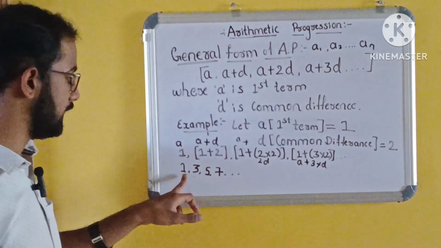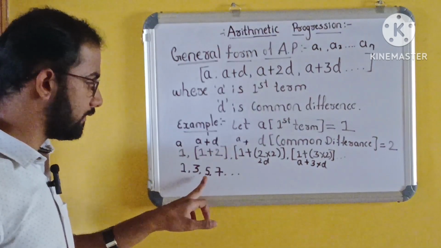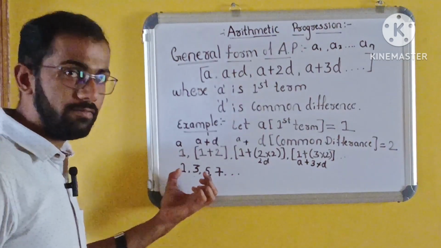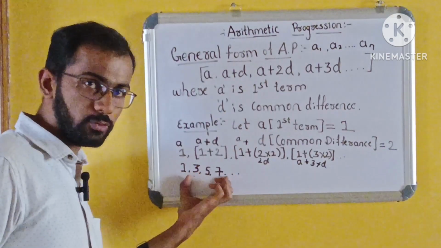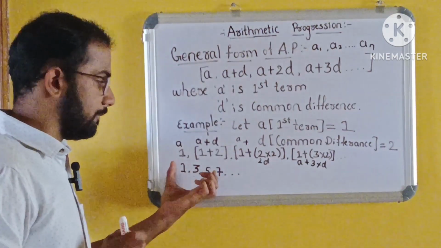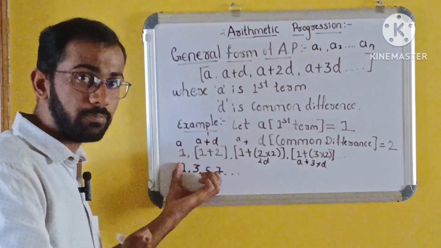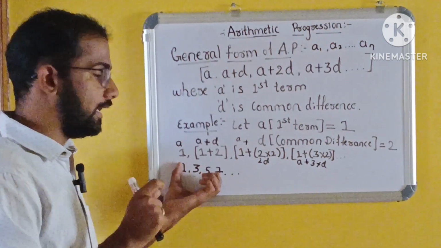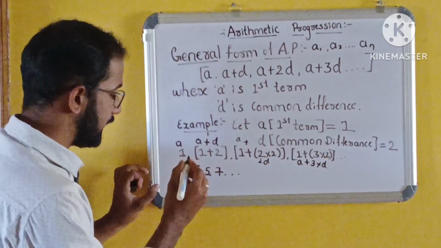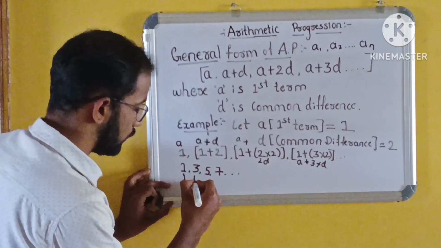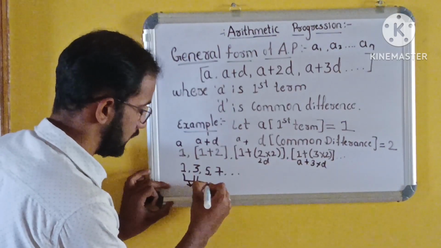Now let's see: 1, 3, 5, 7. We get one sequence over here. Now how to check whether this sequence is an arithmetic progression or not? Let's take the difference between two terms.